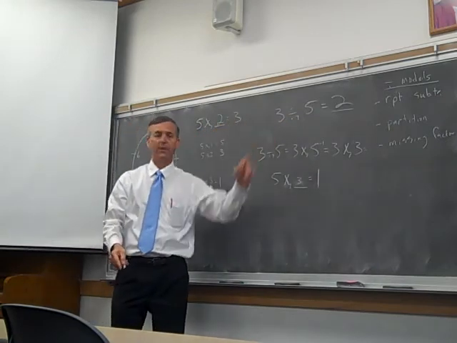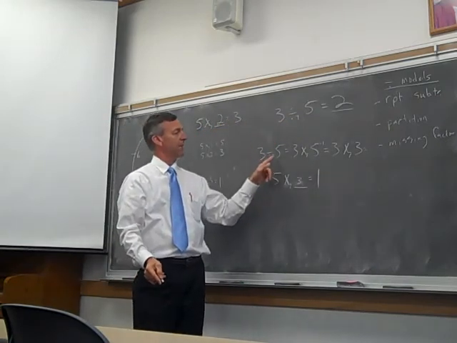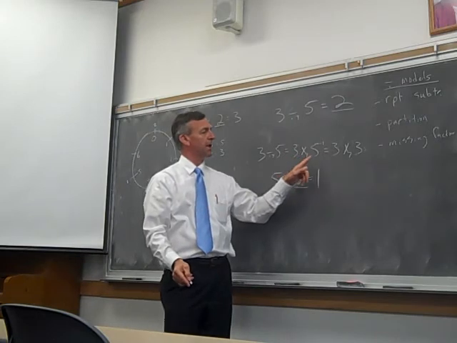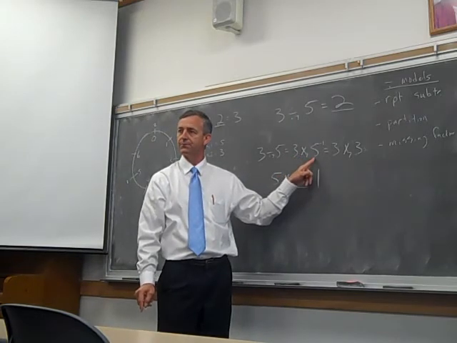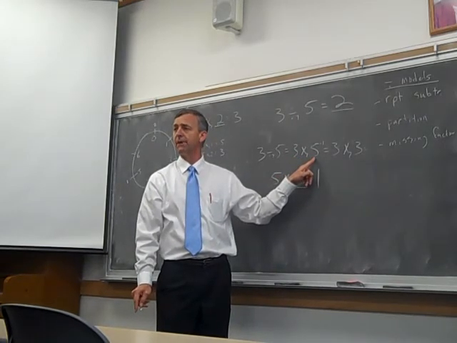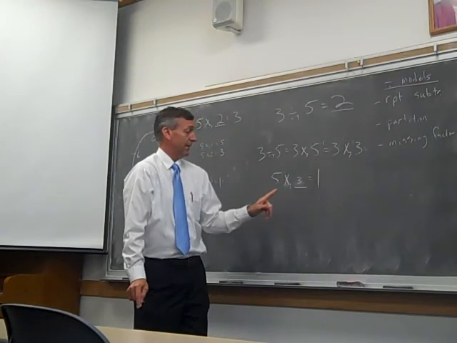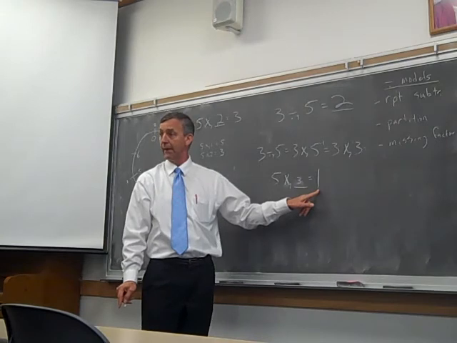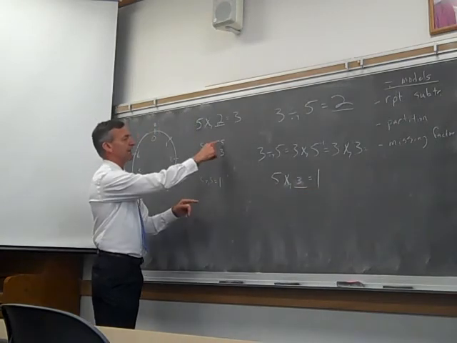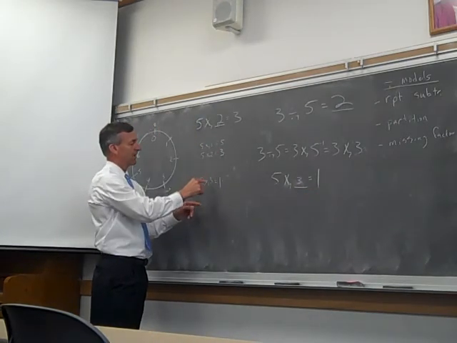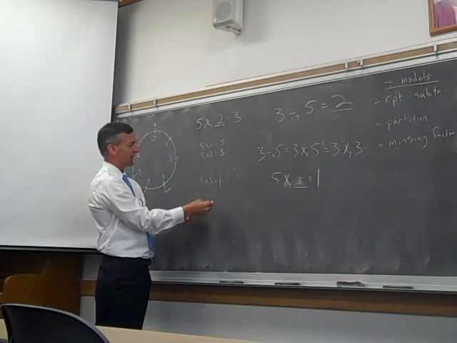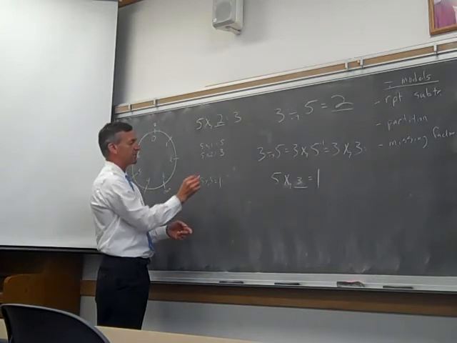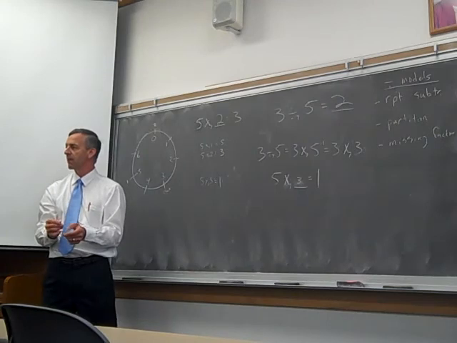So I agree. Now, dividing by 5 is the same as multiplying by the inverse of 5. But what is the inverse of 5? Well, I don't know, but 5 times that number will give me 1, right? So I came over here and I noticed I didn't have a 1 yet, so I just continued on. 5 times 3, and we hit the jackpot. 5 times 3 is 15.